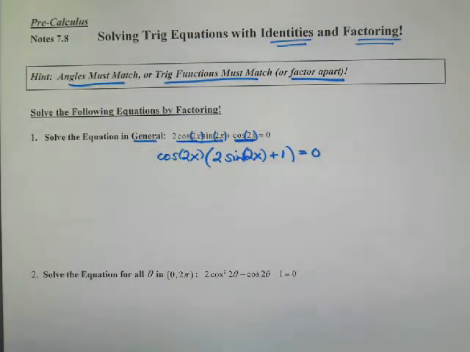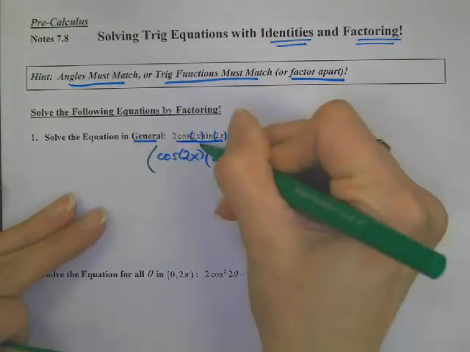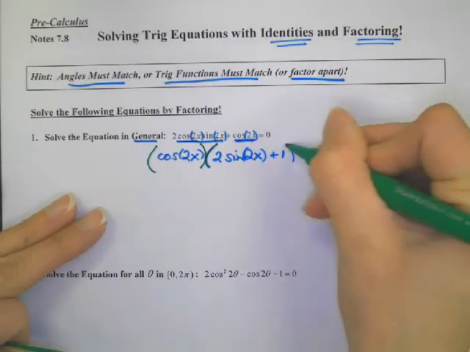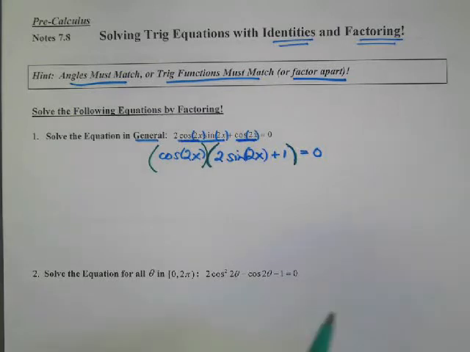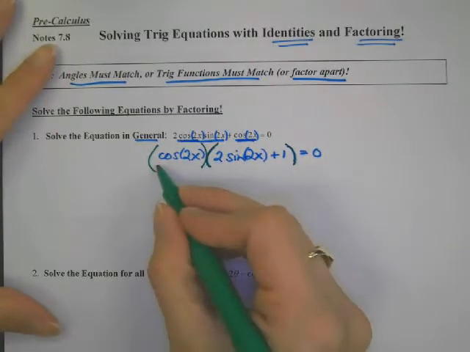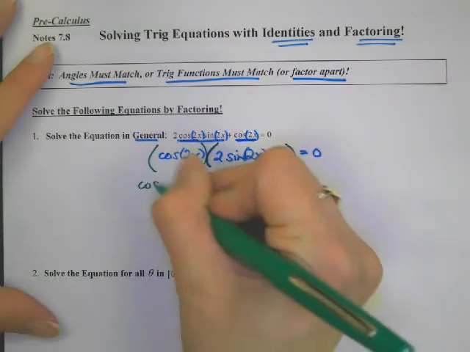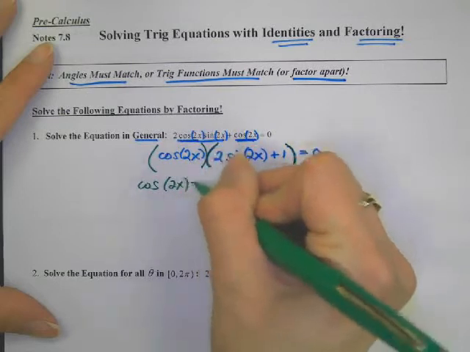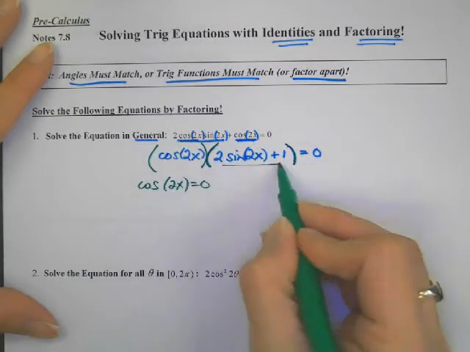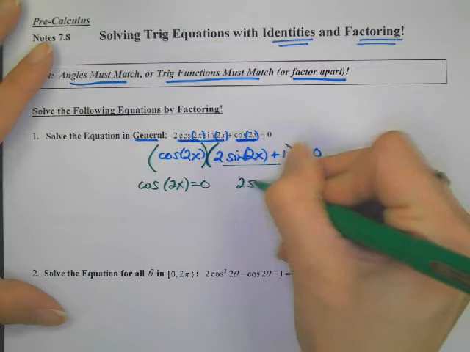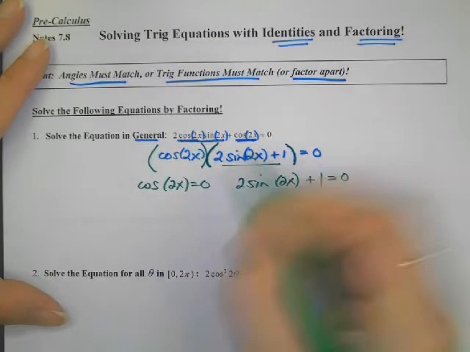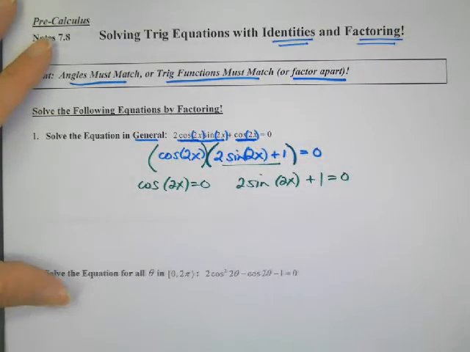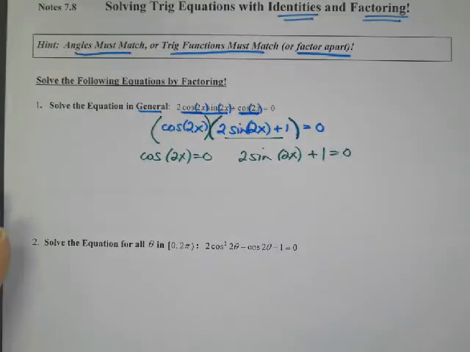But in general here, we've got this first quantity times the second quantity. So we can use the zero product property. What we have here is the first thing, cosine of 2x must equal 0, or the second thing, 2 times the sine of 2x plus 1 equals 0. So this is the zero product property where we separate them.